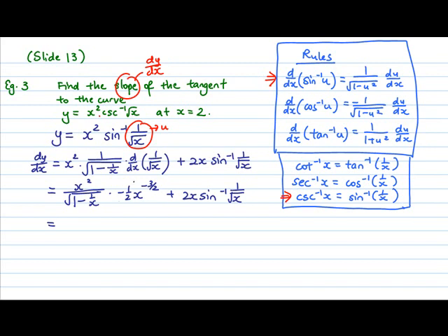I'm now going to rewrite this part in a nicer way. Now this means x to the power of 3 over 2. But x to the power of 3 over 2 also means x to the power of 1.5, which means there's an x and another power half.